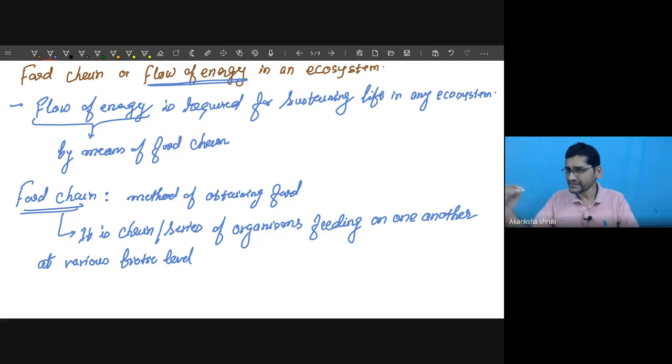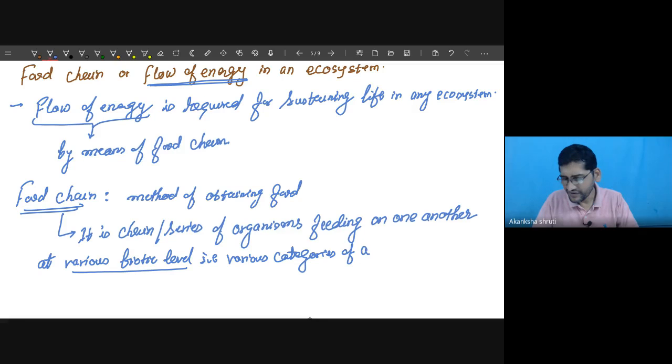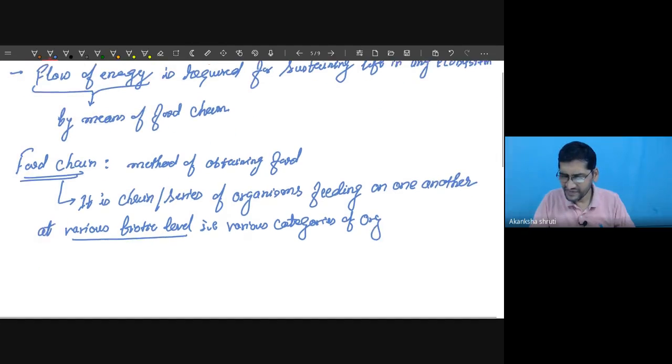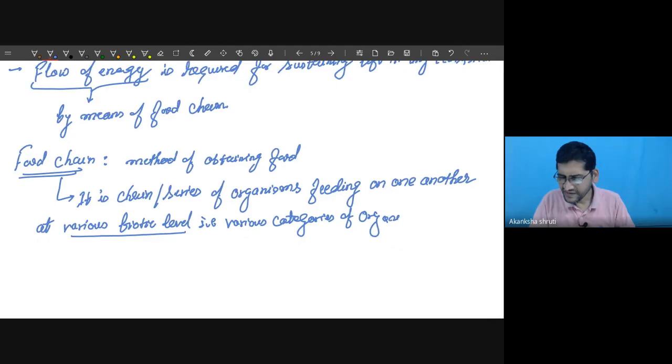That is, various categories of organism in an ecosystem. These various biotic levels mean various categories of organism.